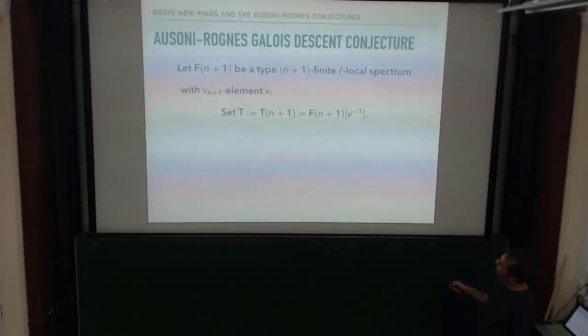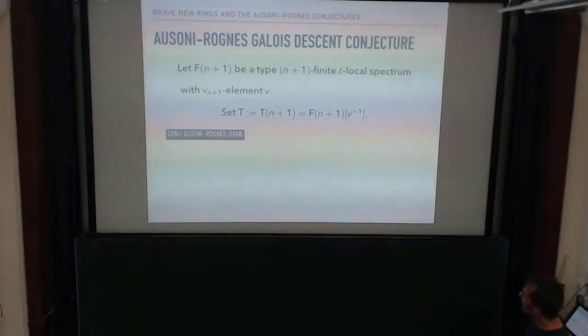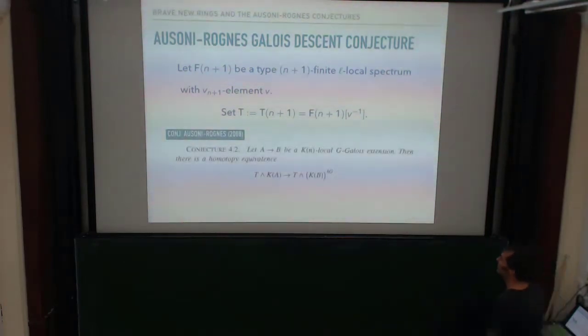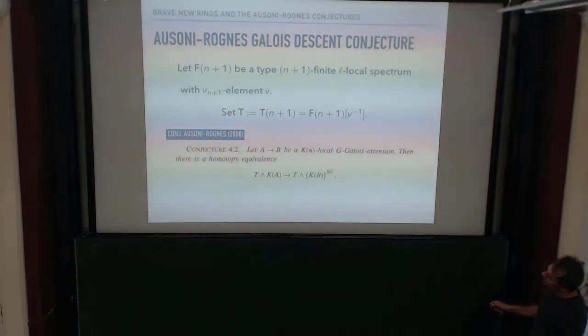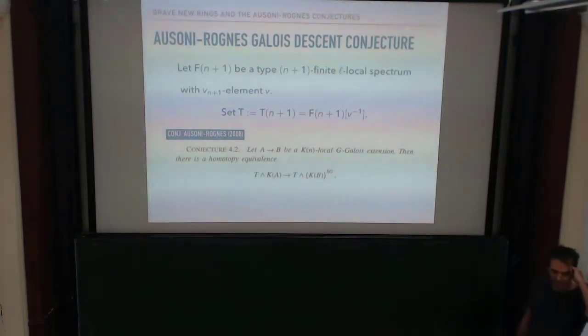And we form what's called a telescope: we take this finite complex and we invert this endomorphism. So the conjecture from 2008 was that if you have a K(n)-local G-Galois extension, then you get an equivalence from K(A) to the homotopy fixed points after you smash with T. Another way to say it is that it's a T-local equivalence.